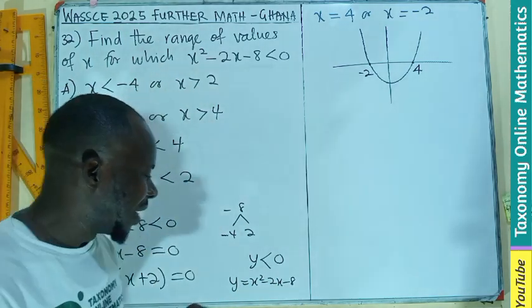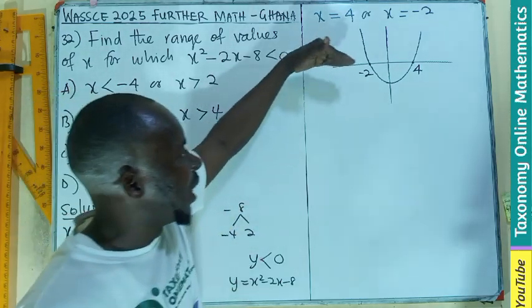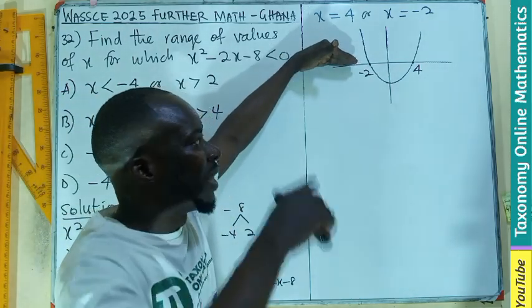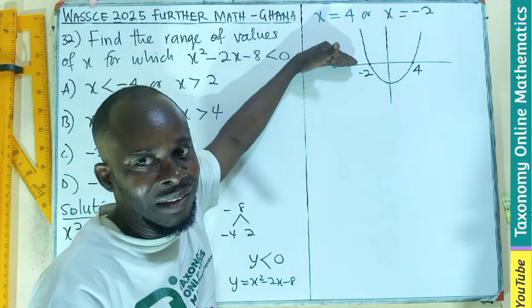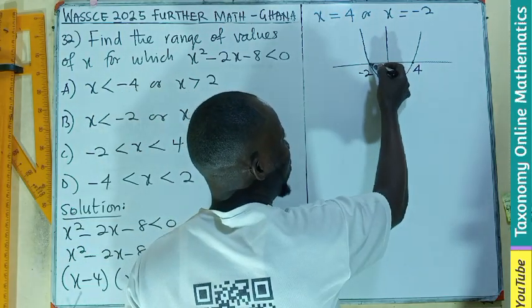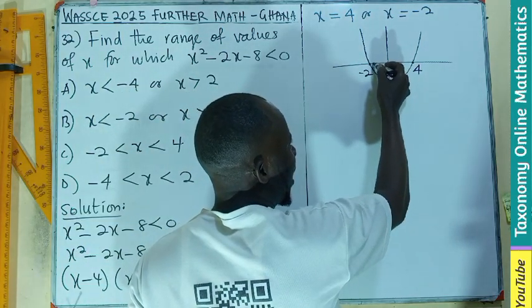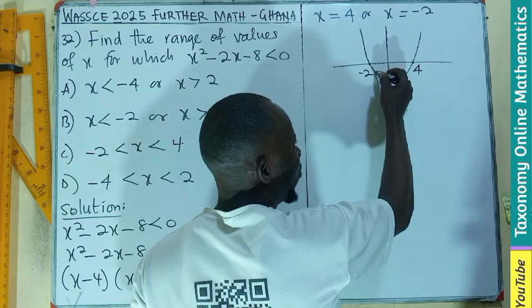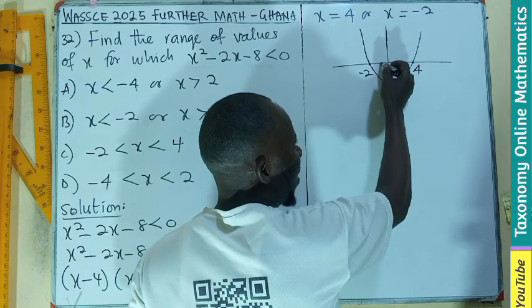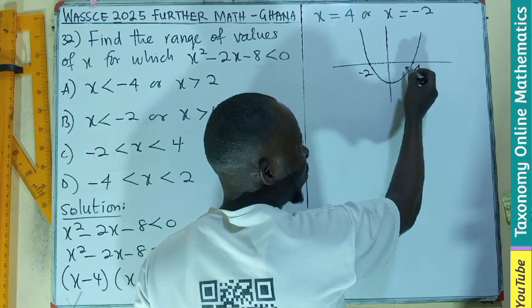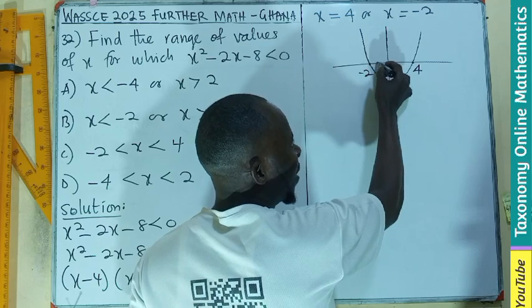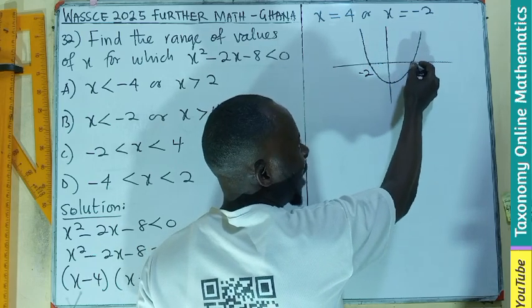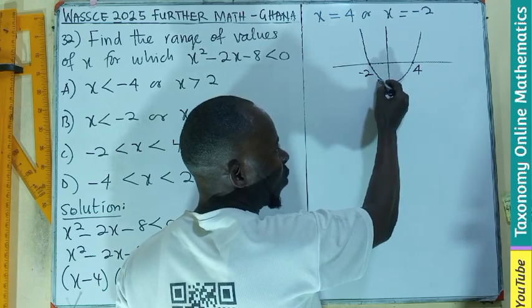So if I do that, I am only looking for the values of x for which the curve is below the x-axis. So you can see that I'll be picking these values. Any value here that has a point on the line. Any value here that has a point on the line. So you can see it is between the values that I'm looking for, that help us to draw this part of the curve.